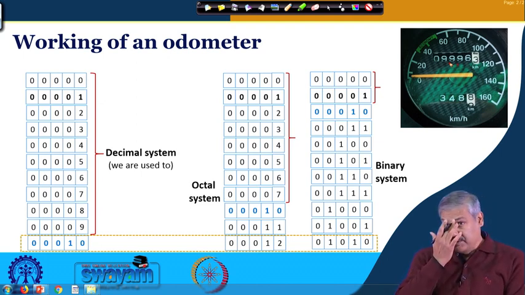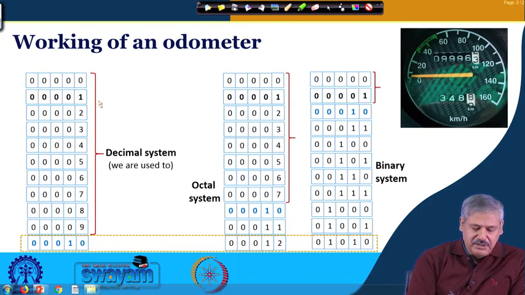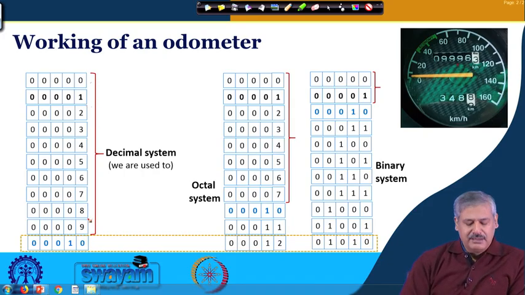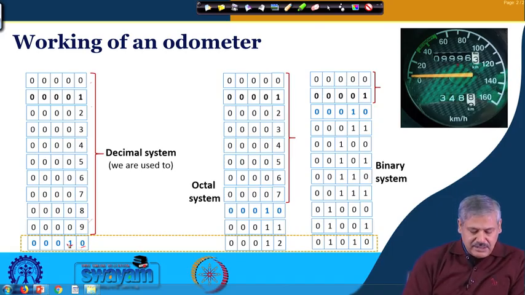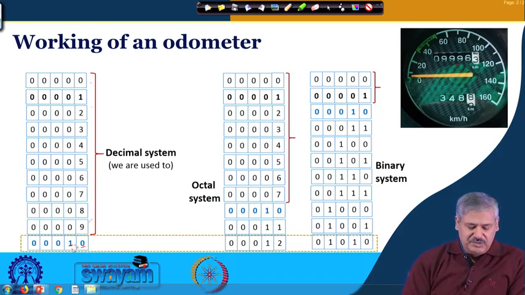So, in decimal systems, if you look at the way the digits are presented, 0, 1, 2, 3, these are the valid digits up to 9. After that comes 0 in the units place, and in the tens place, 1 comes into the place.